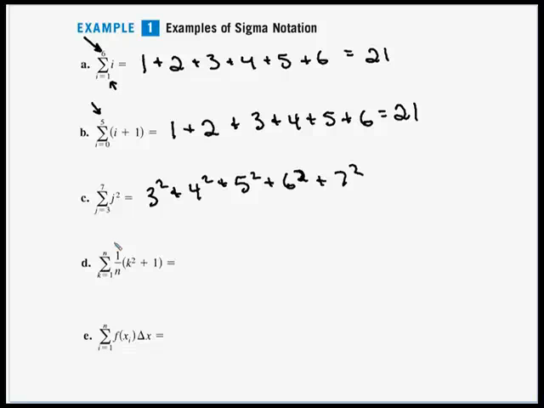And let's even take some of the numbers out of it, leave it a little more abstract. We have the summation from k equals 1 to n, and then we first have a fraction 1 over n, and then in the parentheses k squared plus 1.